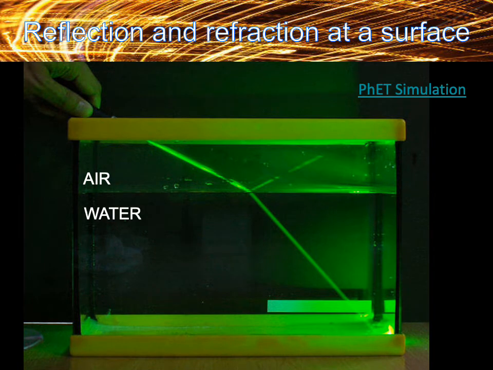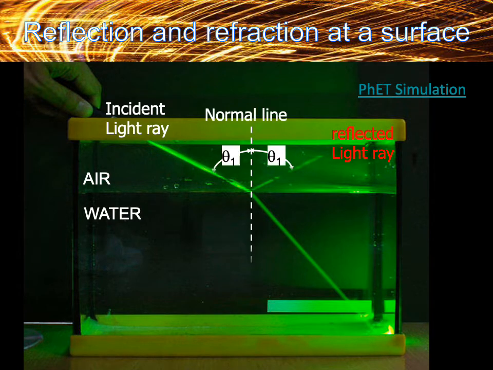Right. So when you strike a laser beam at the water with some angle, this angle is known as the incident angle. Okay, incident ray. You can see in this picture that this ray splits into two paths at the interface between air and water. Right.